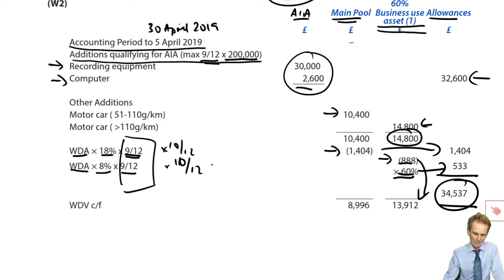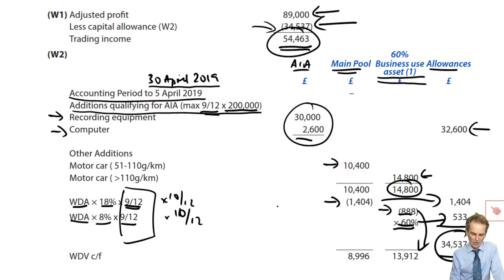It's a 10-month period if we'd gone through to 30th of April rather than a 9-month period where it's to basically the start of that month. So it would have had 10/12ths. It would have changed the capital allowances. But what it would also do is then change the assessment for our tax year, because that figure would now be the adjusted profit for the 10 months to the 30th of April 19.